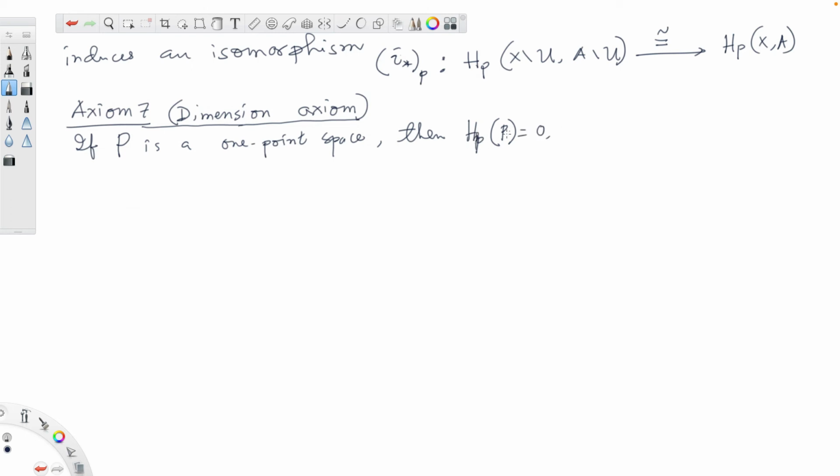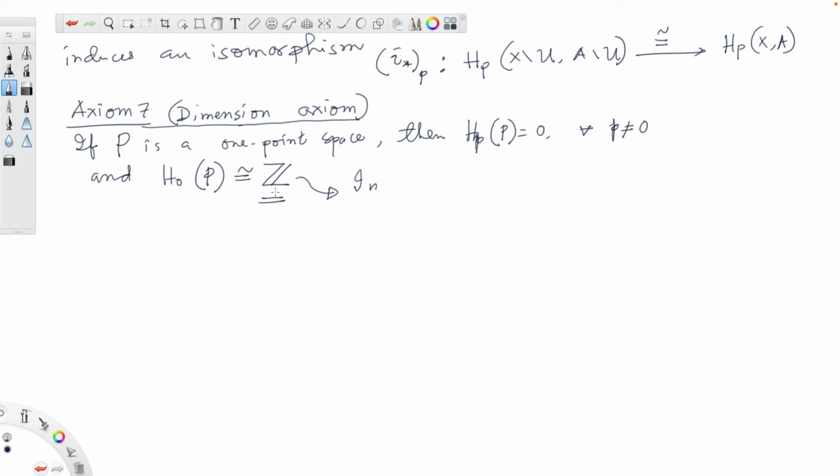So this is small p, this is big P, for all non-zero small p. Okay, and the zeroth homology group of this big P is isomorphic to the additive group of integers. Something needs to be clarified here. This is not the general case.